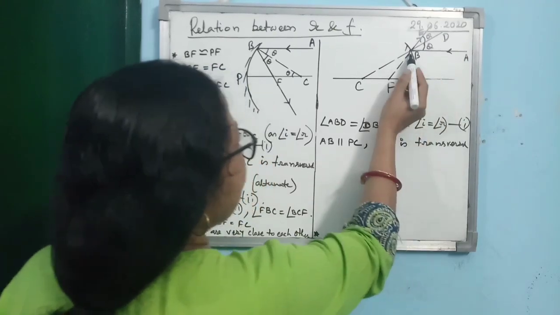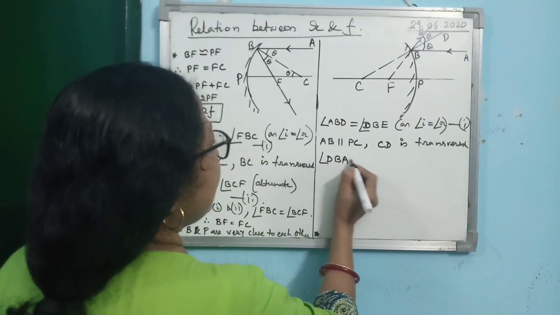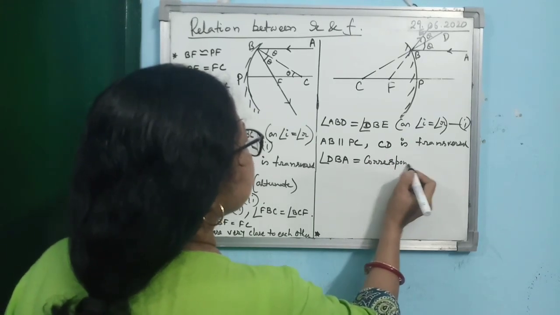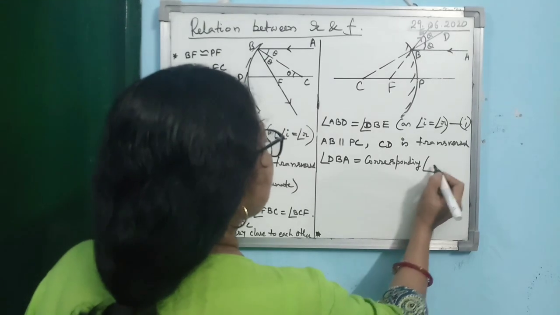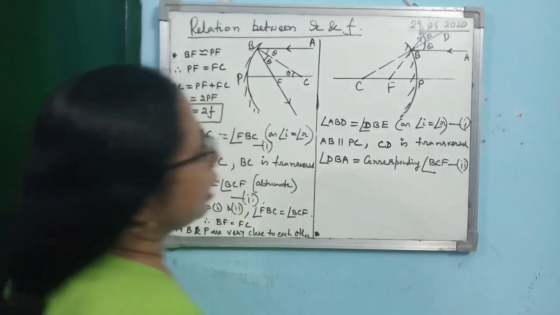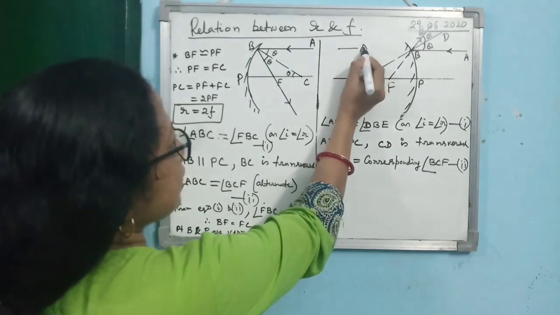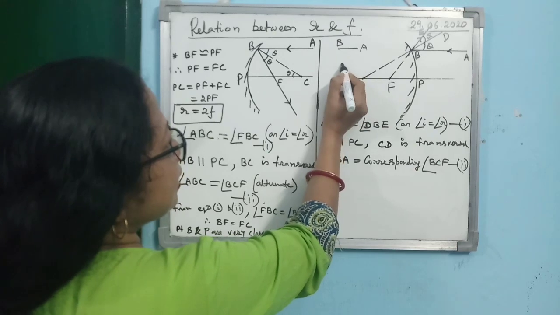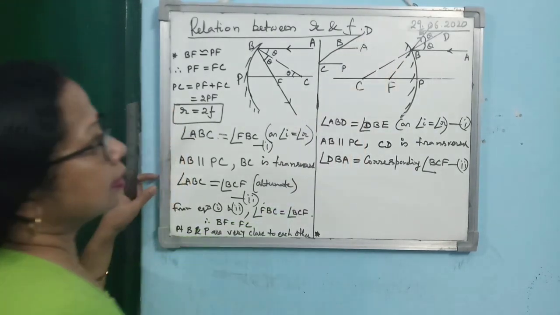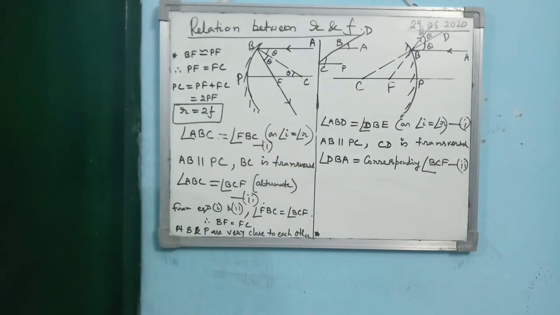Angle DBA is equal to the corresponding angle BCF. This is equation 2. I hope you have understood. If you want, I can draw it separately. This is AP, then this is PC, and this is the line CG. So you see these angles are equal.